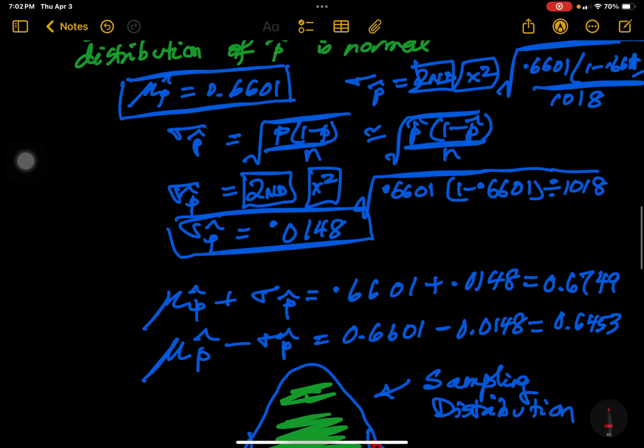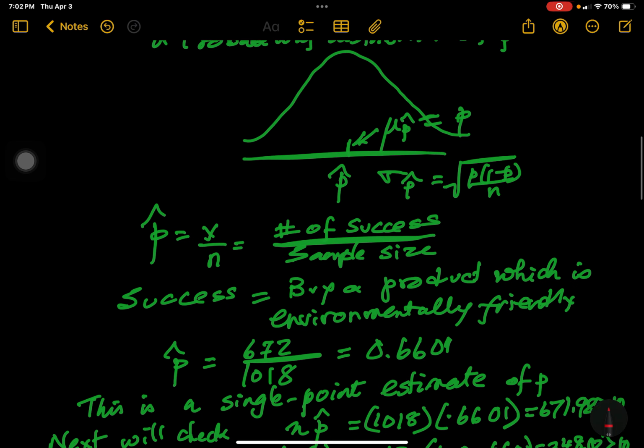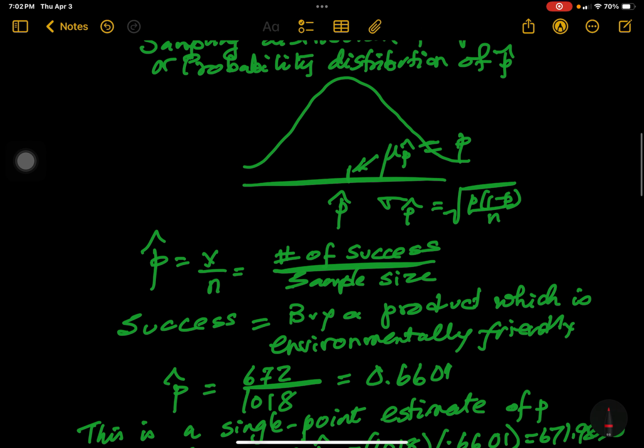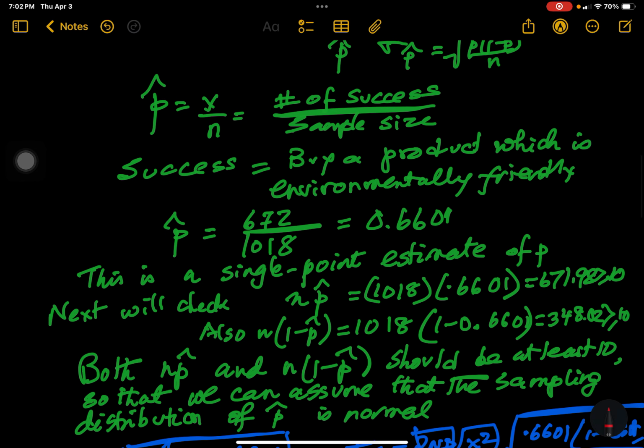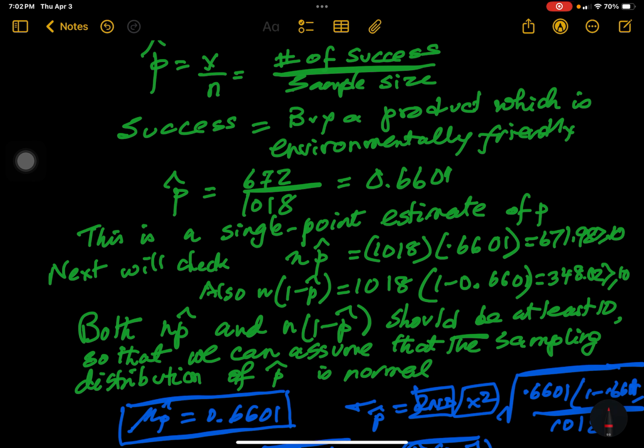Okay, let me quickly summarize what we did. First, we found p hat, which is given by the number of successes over the sample size. So p hat is 0.6601. This is a single point estimate of the population proportion. We were not given the population proportion. We need to check that n times p hat is greater than or equal to 10 and n times 1 minus p hat is greater than or equal to 10.